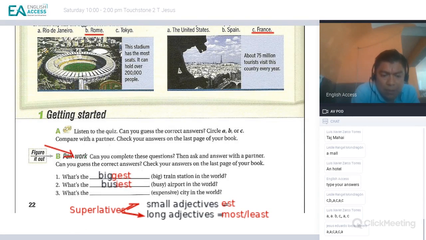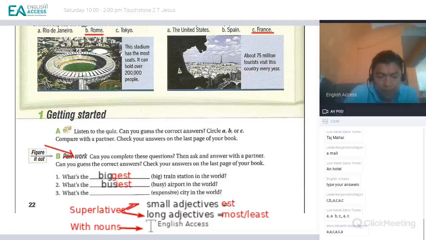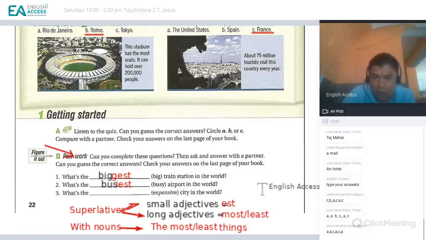That means with objects. And with nouns it's the same, like this. The most, for example, the most or least, and then the noun. Other things.